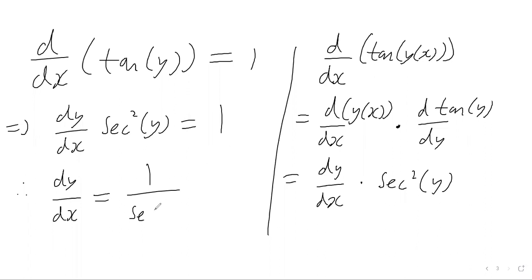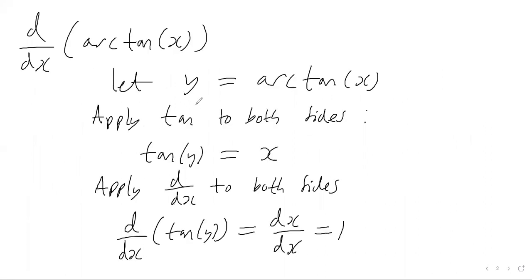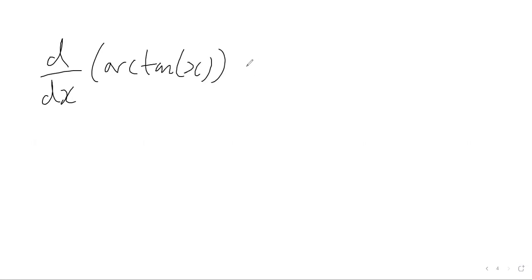So this is going to be 1 over sec of y all squared. dy by dx is exactly the same as d by dx of arctan. So in conclusion, d by dx of arctan of x equals 1 over sec of y all squared, with the y there instead of an x.